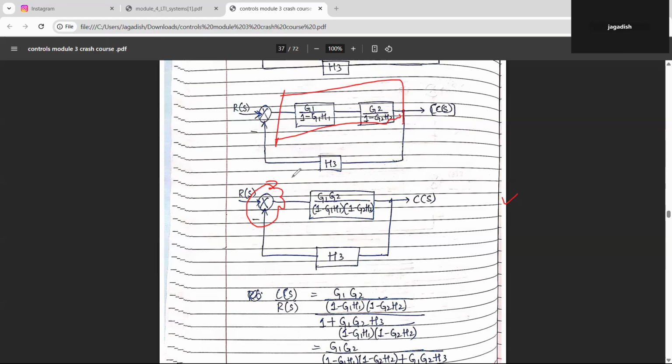You want to solve for both, but you have to eliminate this feedback loop. So what is the formula? G1 G2 divided by, G divided by 1. Here what sign is there? Minus sign is there, so I have to use plus here. 1 plus GH. What is G? This is G. What is H? This is H.